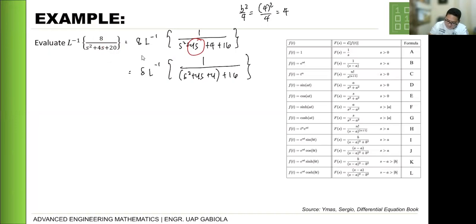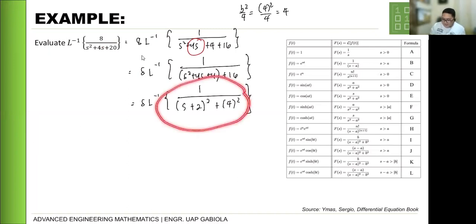Okay? Moving on, we have 1 over, this can be factored out as s plus 2 squared plus 4 squared, sorry. Okay? And ano yung mapapansin nyo dito? Yung form natin is actually the same as the form of sine.